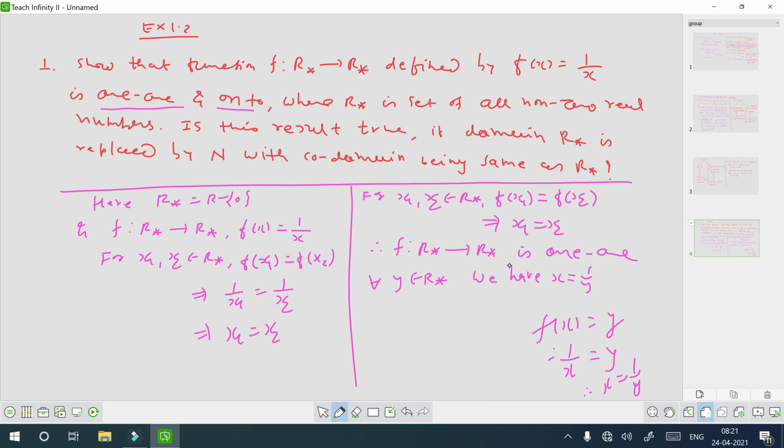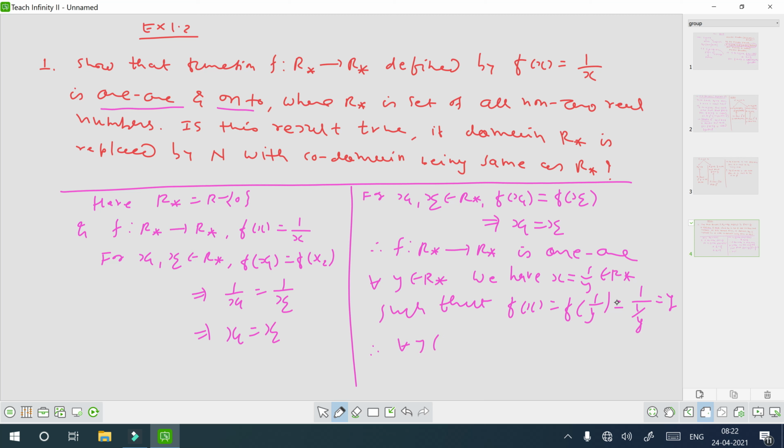So we have x is equal to 1 by y belongs to R star such that f of x is equal to f of 1 by y is equal to 1 over 1 by y, and that is y.